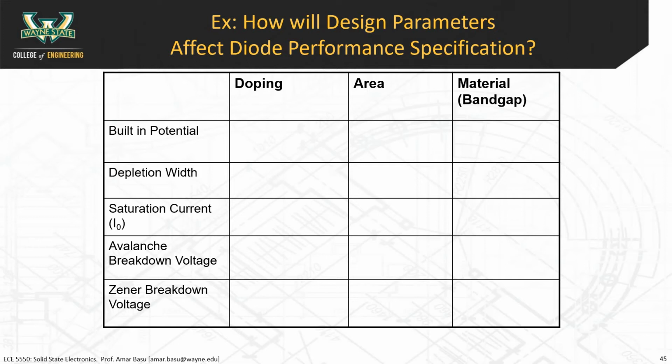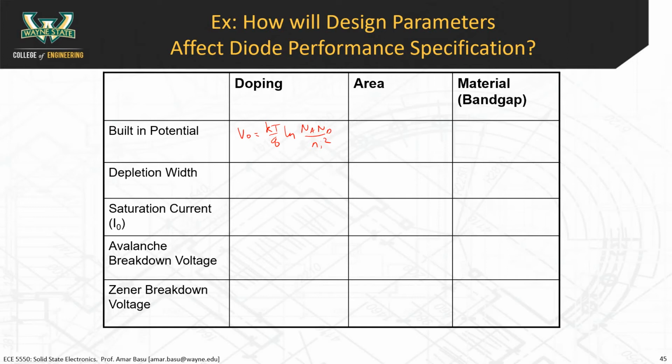So there are several ways you can go about this. You have to think about the design equations. All right, so I'm just going to put V0 is equal to kT over q ln of NA ND over ni squared.